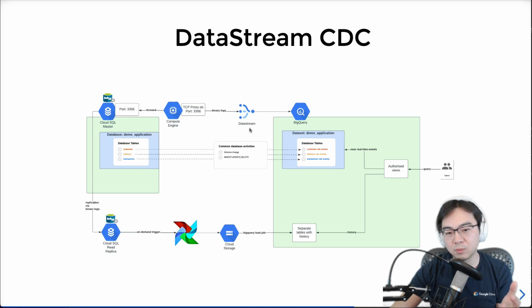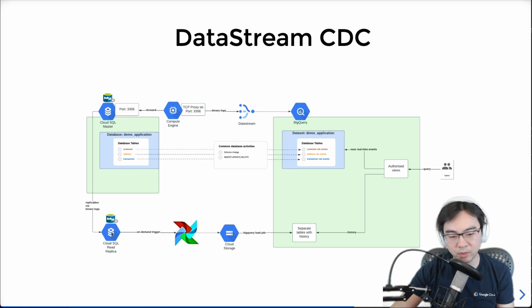In this case, Datastream can deal with it, but I think probably the best idea is to have your own version of it, rather than rely on this solution, because this is connected to the master database. You probably don't want to do the snapshotting, all of that one-off load on a master database, because it can affect the system operations. As I mentioned earlier, the replication via the CDC process is using the binary logs, which is exactly the same as how it is used to do the database replication to create the read replica.